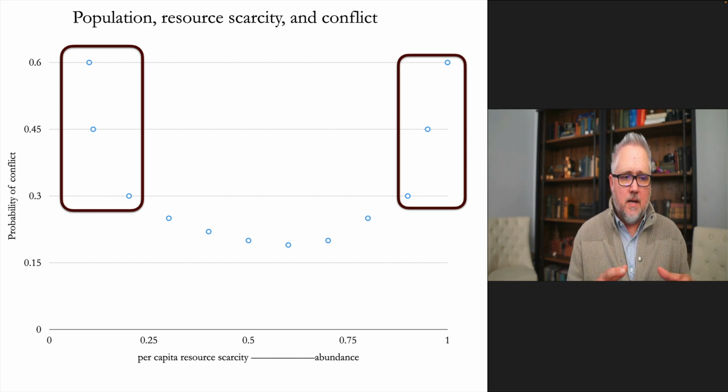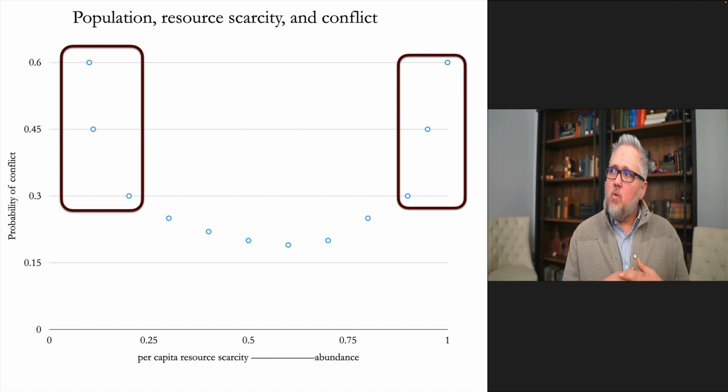And you can see that a lot of these characteristics wouldn't necessarily be unique to the 21st century.